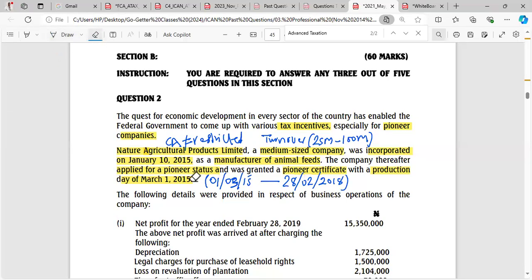I think I'll have to be consistent in the way I write the years. Okay, so this is 2015. In your answer book, you may just be using pencil as you are reading.